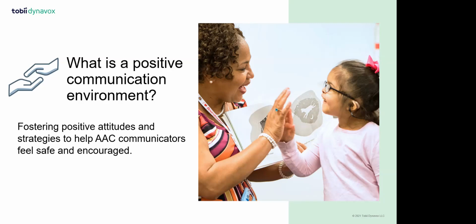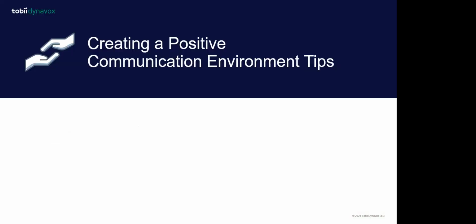Okay, so we talked about modeling and how we can really show our communicators how to use their communication system. Now let's talk about how we need to create that positive environment for our communicators. We want to foster these positive attitudes and strategies to help AAC communicators feel safe and encouraged. We really want to assume competency and let them know that we know that they can do it. In order to do this, we want to respond to all attempts at communication.